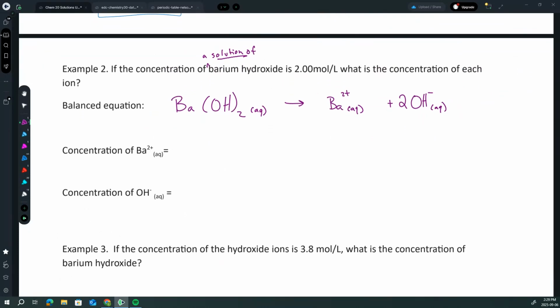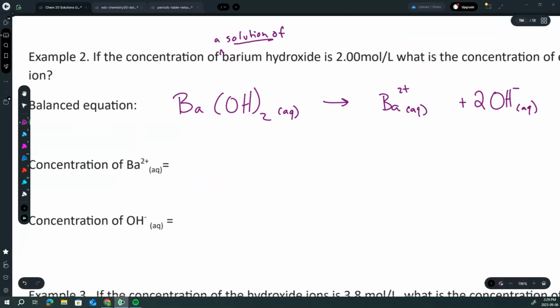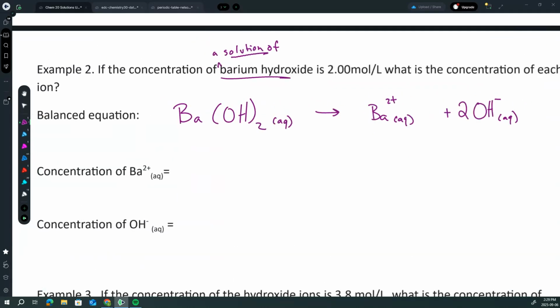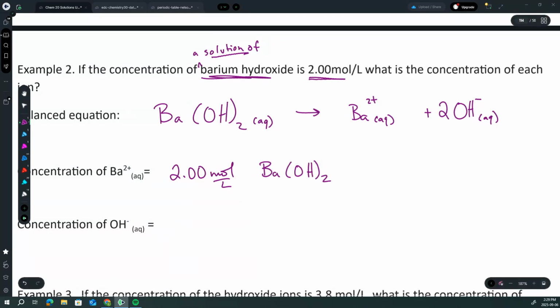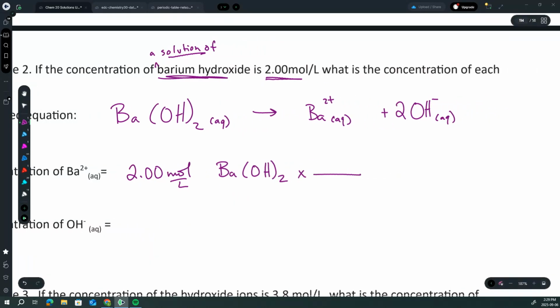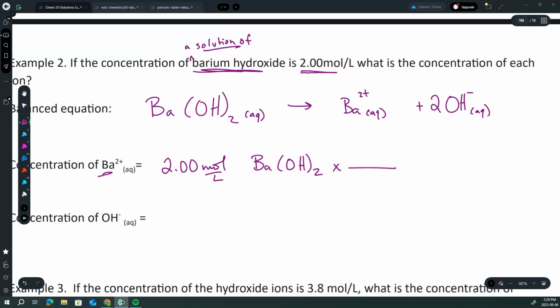All right, so figure out the concentration of barium 2+. So let's go back to the fact that we know the concentration of our barium hydroxide solution is 2 moles per liter. That's where I'm going to start. Barium hydroxide times by fraction sign. So what we want is the barium 2+ ion, so I'm going to write that up top.